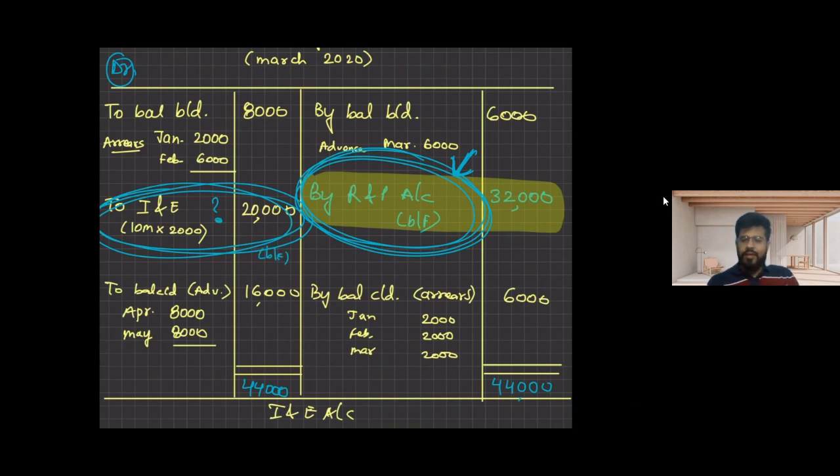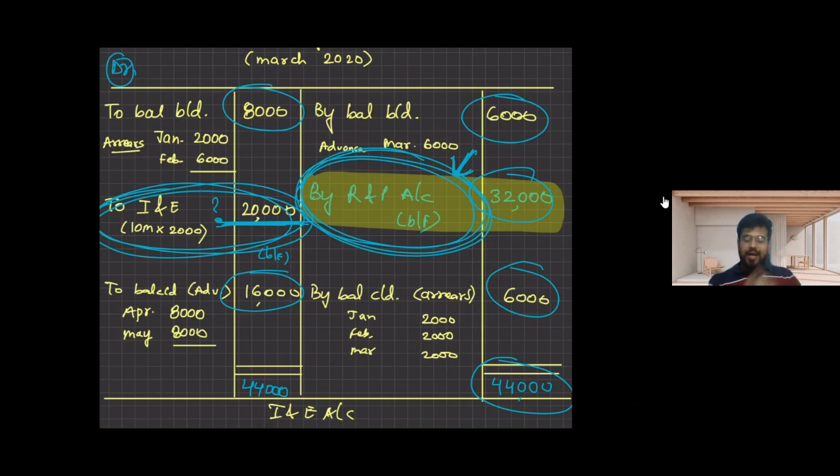It is just the mathematical calculation. If I have given you 6,000, 32,000, and 6,000, the total would be 44,000, out of which 8,000 will be deducted for the opening, 16,000 will be deducted for the closing. The balancing figure would be 20,000.